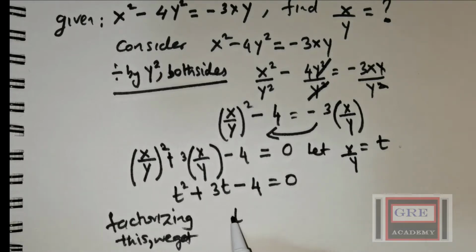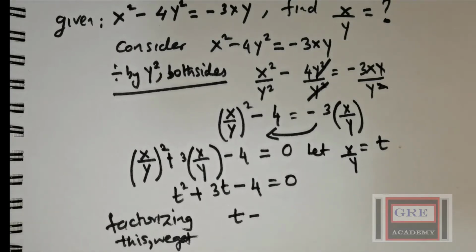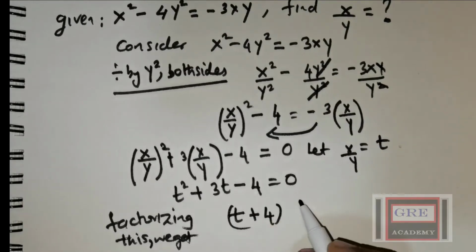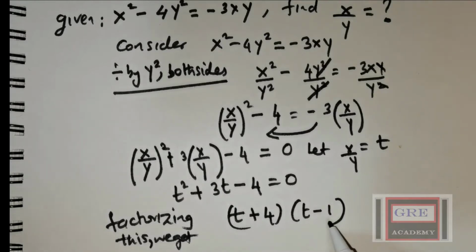This can be factored as t positive 4 and t negative 1. 4 times negative 1 would give you negative 4. 4 times t would give you 4t, and a t with negative 1 would give you a negative t. So that added would give you positive 3t.